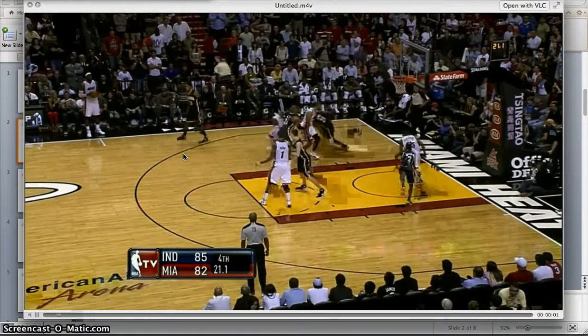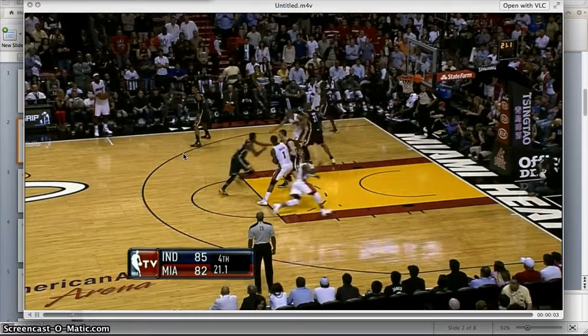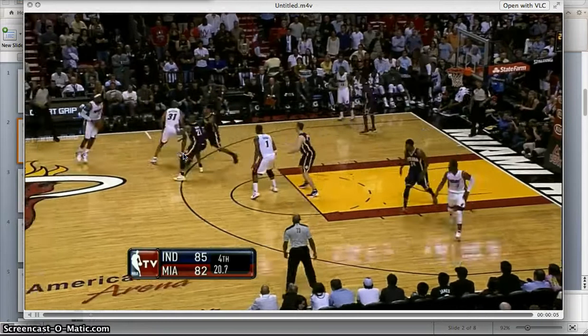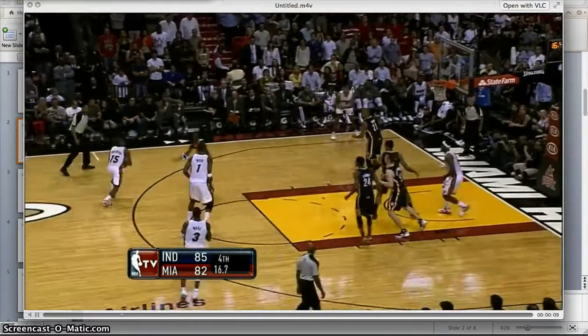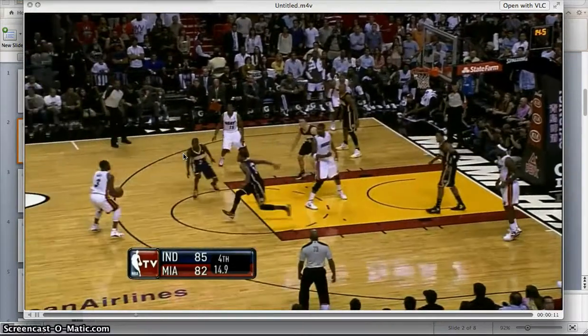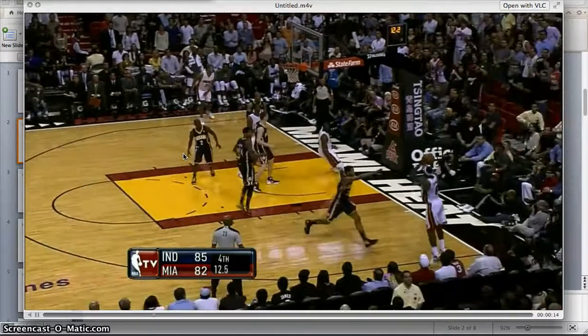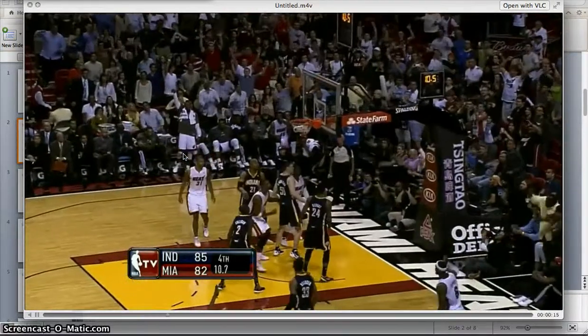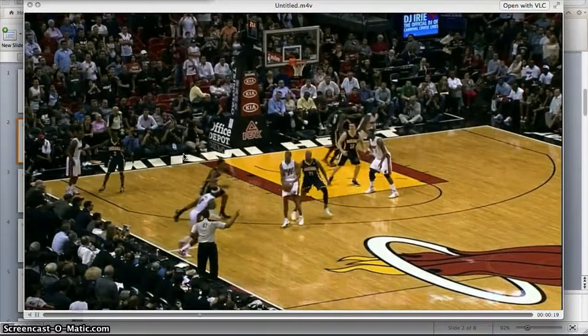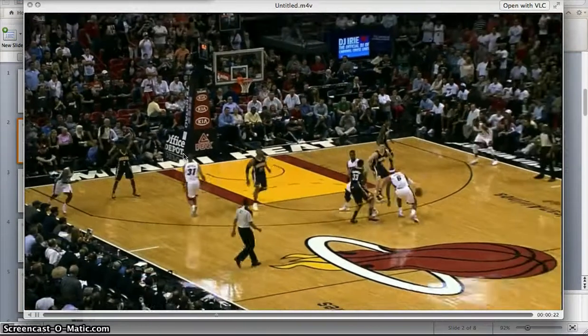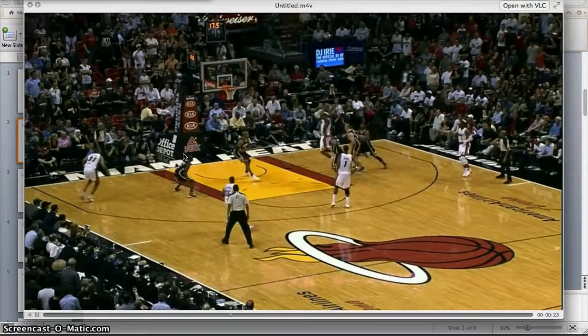LeBron will send it in for the Heat. Wade looking for the alley-oop, couldn't get it. LeBron on the spin, back to Chalmers. Wade to LeBron, a three to tie. Come on! He waited on the pass. Good job by the Heat. They took the three, but they really weren't looking for it.